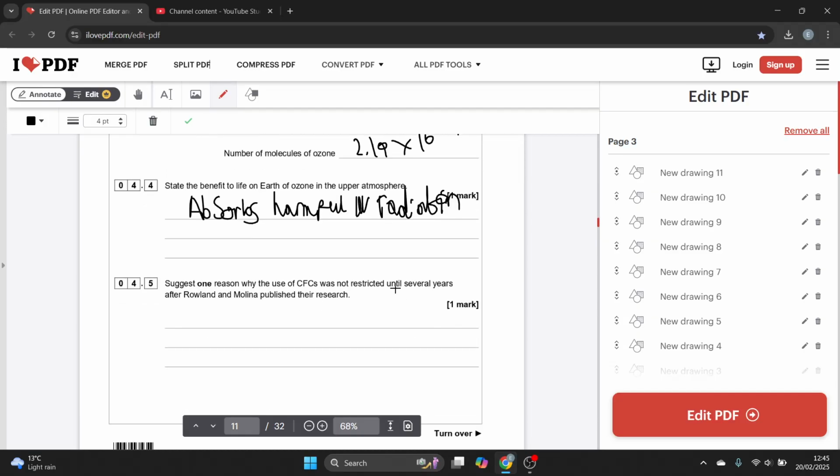Suggest one reason why the use of CFCs was not restricted until several years after Rowland and Molina published their research: lack of alternatives to chlorofluorocarbons.